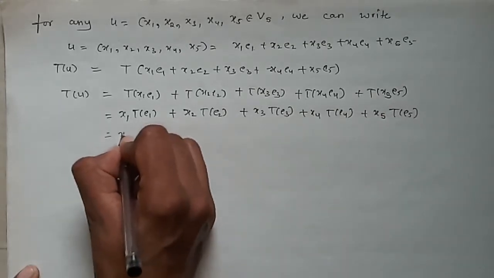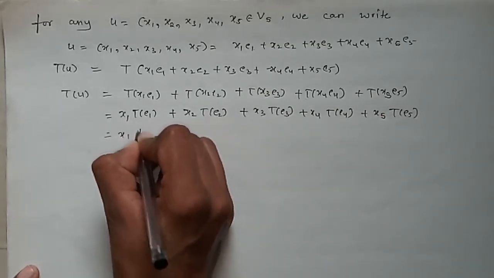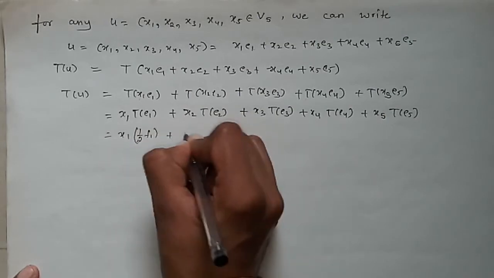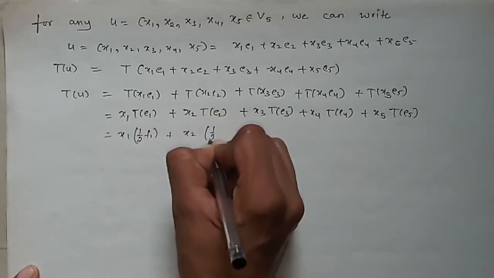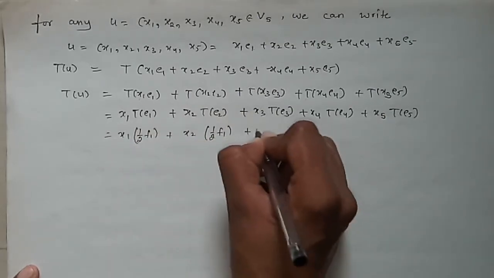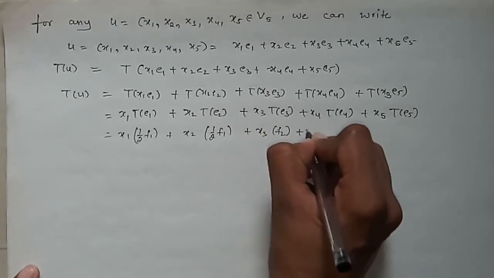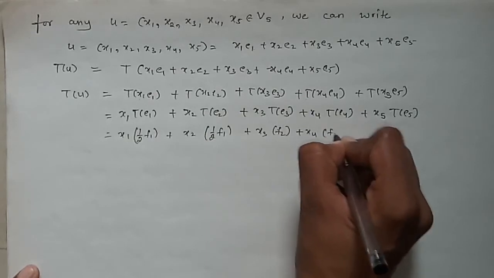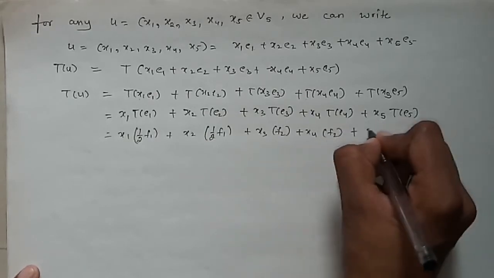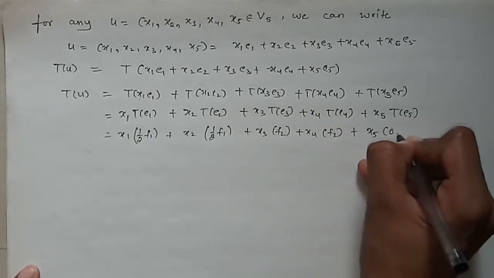Now here T1 is nothing but 1 by 2 F1, T2 is nothing but 1 by 2 F1, T3 is nothing but F2, T4 is nothing but again F2, and T5 is 0.